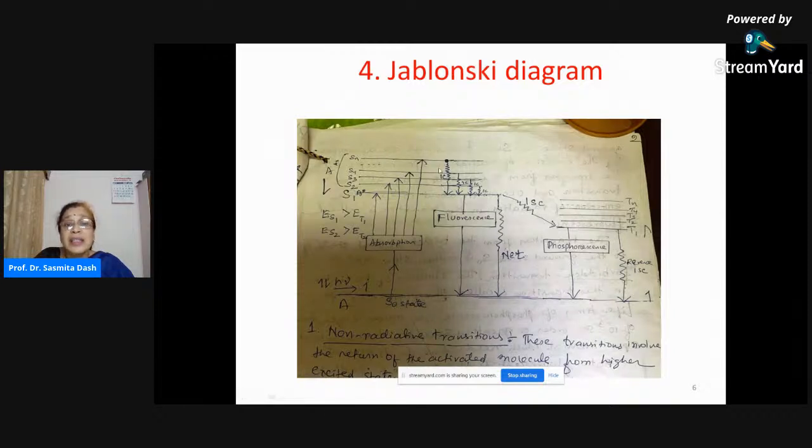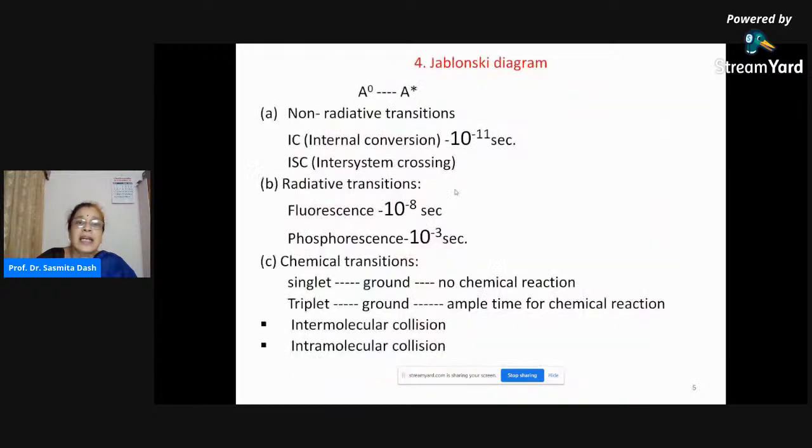And because this is a very quick, energy leveling process, reducing energy and coming to a more stable state, we can say that this happens in a very short span, very quickly, on a time scale of 10 to the power of minus 11 seconds.